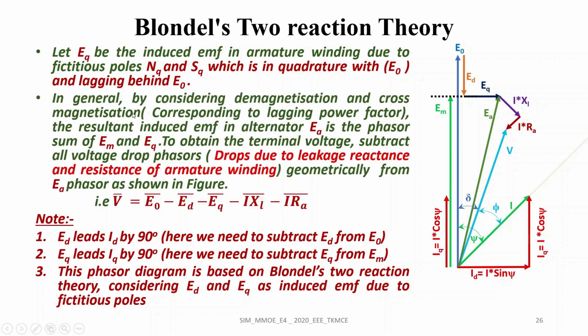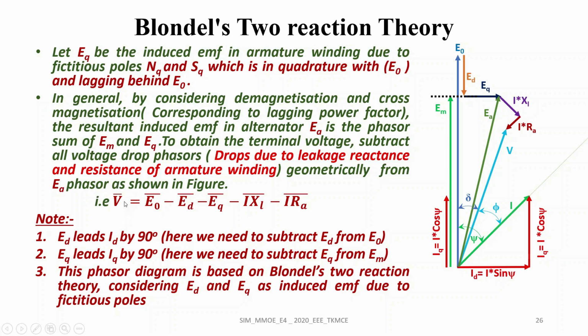So in general, if we are considering lagging power factor condition, under that condition demagnetization and cross magnetization will come into picture. The resultant induced EMF in alternator, that is internal induced EMF, is the vector sum of EM and EQ. To obtain terminal voltage, we need to subtract all voltage drop phasors, that is leakage reactance drop and armature resistance drop, geometrically from EA phasor.